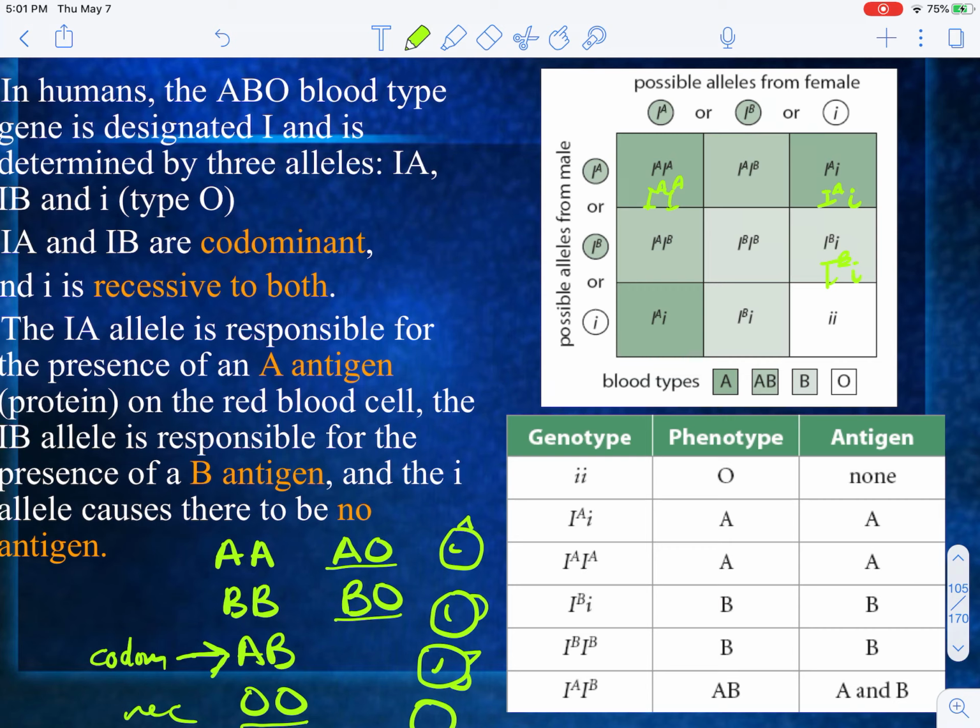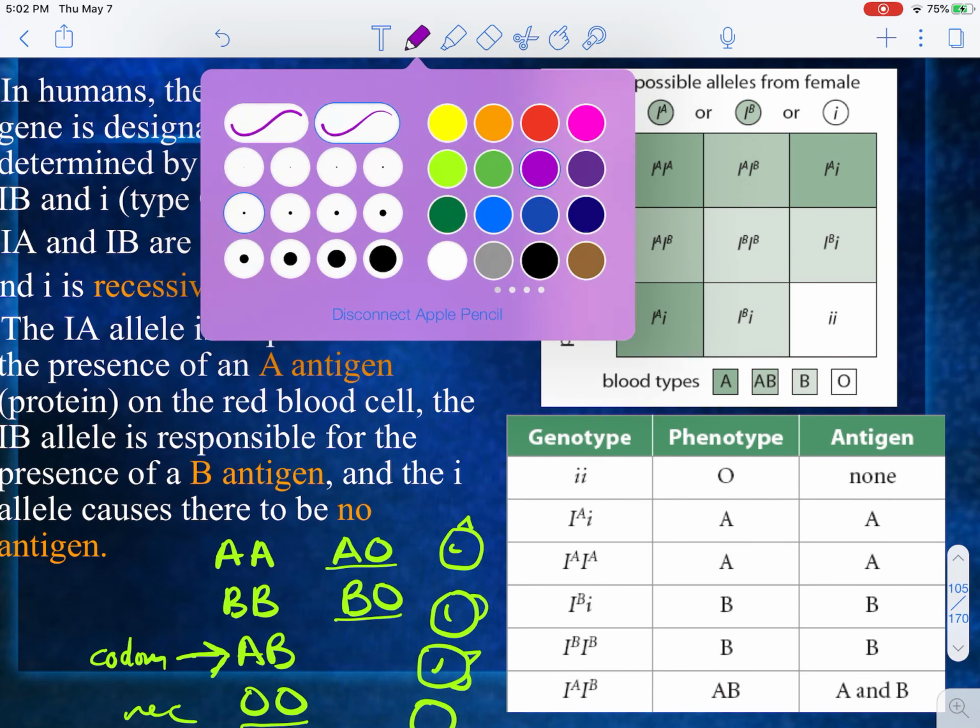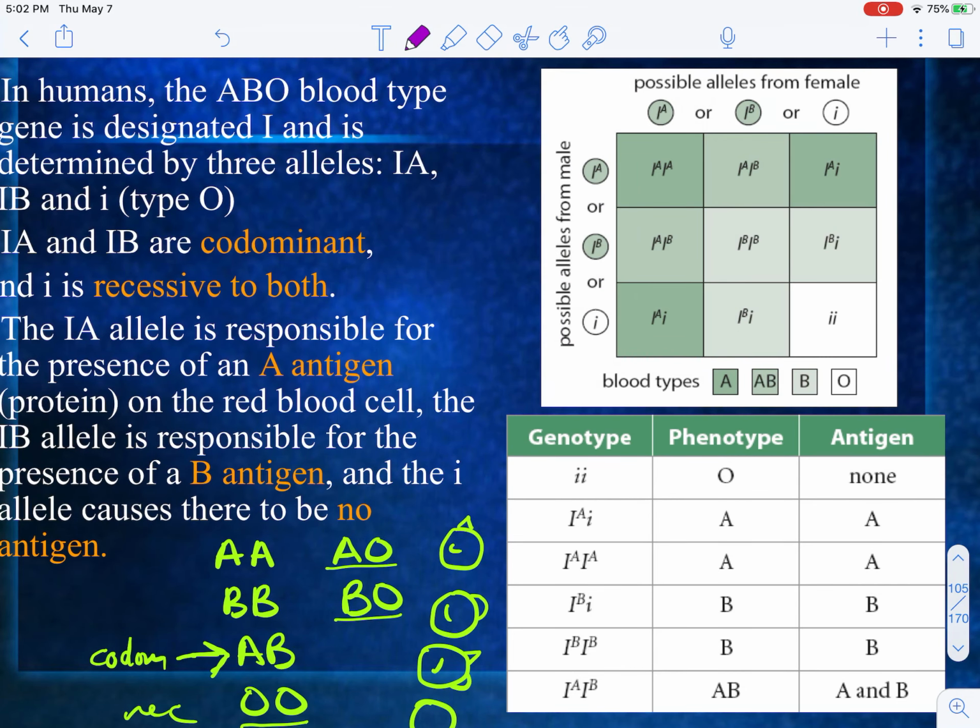Now, I particularly don't like to write all the I's. As with other crosses, as long as you have a legend that you follow and make your own symbols, you'll be fine. So when we talk about someone that's homozygous A, I will be writing this. If they're AB, I'll be writing this. If they're carrying an O, I'll do this.